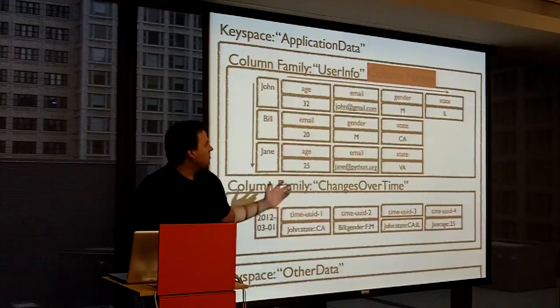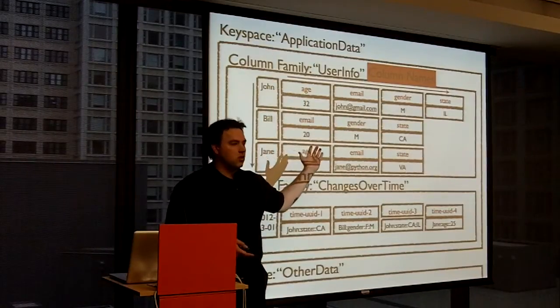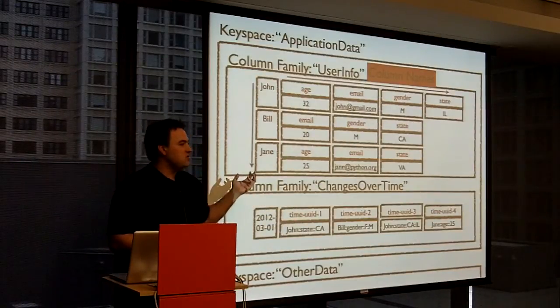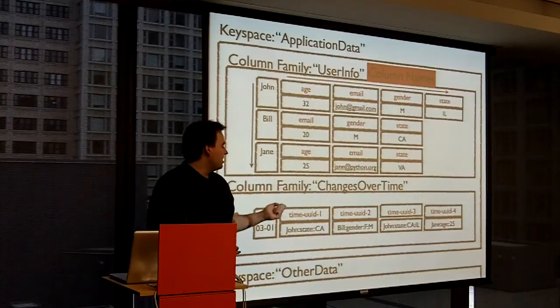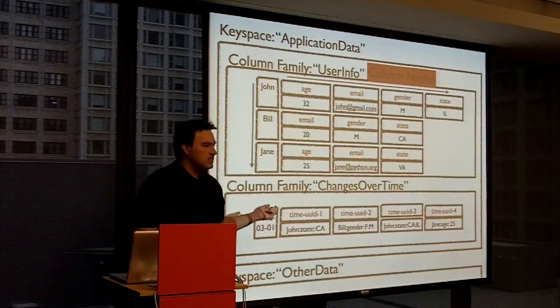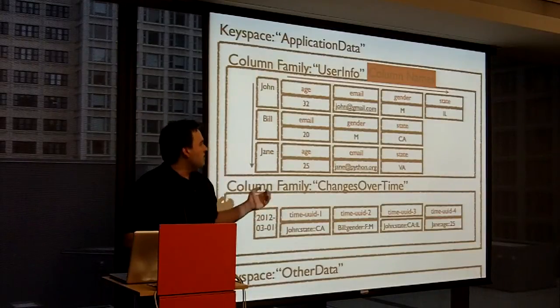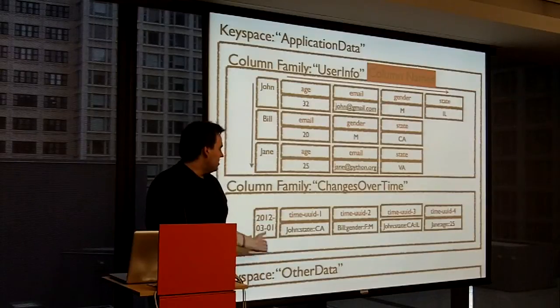Columns, on the other hand, are sorted in column name order. And there's a bunch of different types you can have for column names. They can be strings, they can be numbers, they can be time-based UUIDs, which will sort in time order. And that lets you do interesting things with the indices.